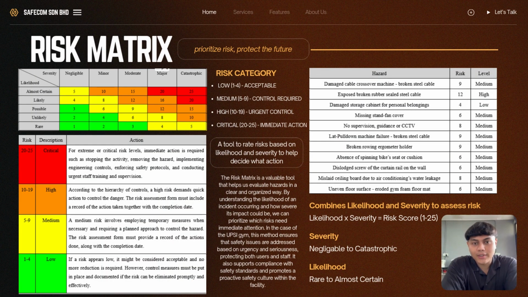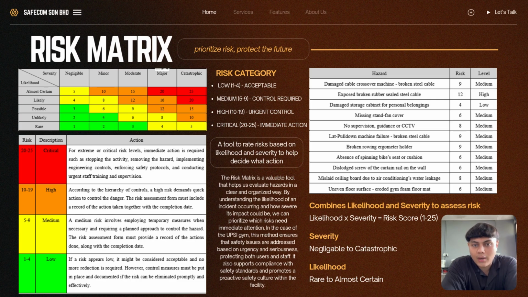Now, let's take a look at the risk matrix used for the HIRARC assessment at Universiti Pendidikan Sultan Idris, Kampus Sultan Azlan Shah gym. The risk matrix is a fundamental tool in evaluating hazards. It helps us assess risk by combining 2 key elements, which are likelihood and severity.